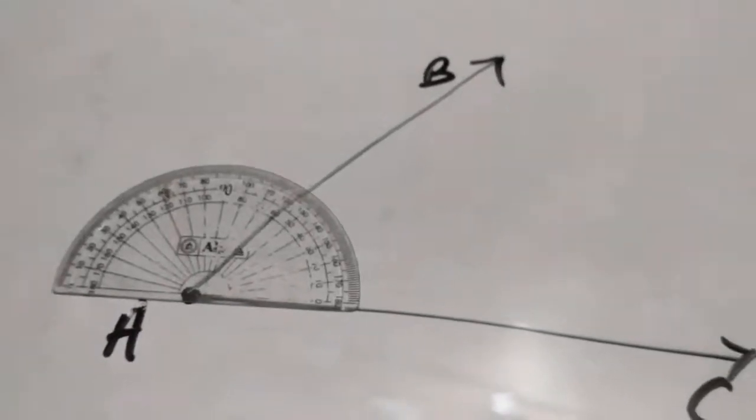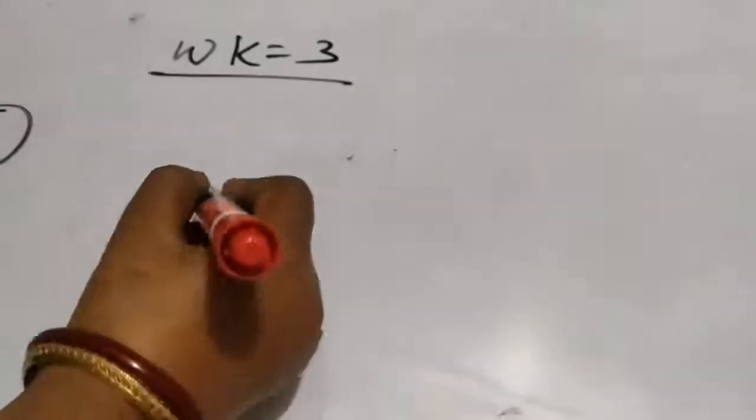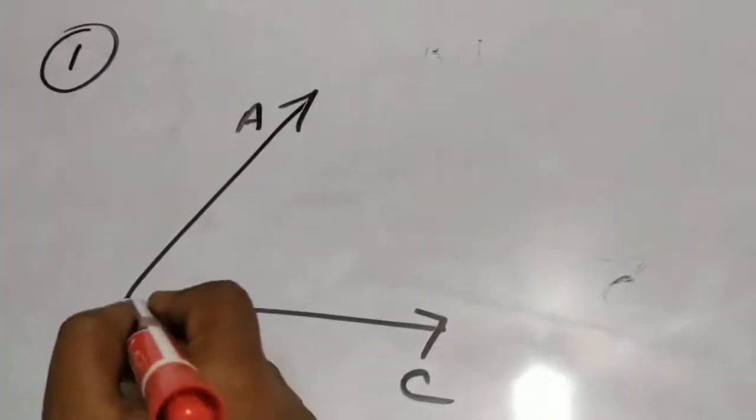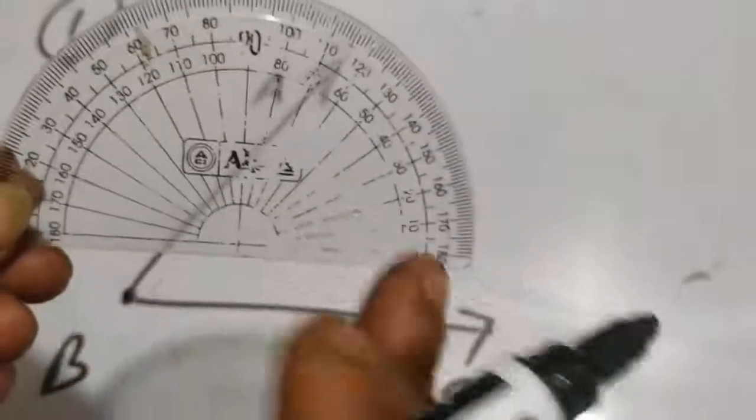Now let us come to worksheet number 3. In worksheet number 3, question number 1, use the protractor for measuring the angle. This is the angle ABC. You have to use the protractor. As I have told you, the protractor has this 0.